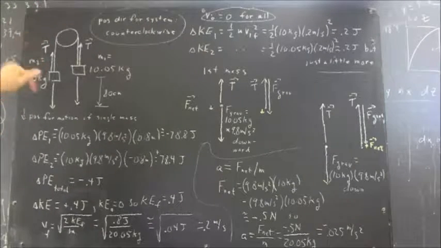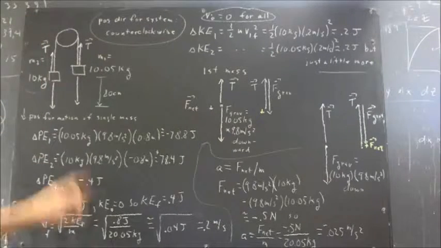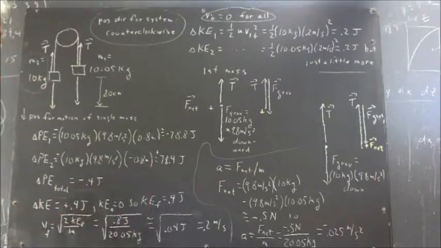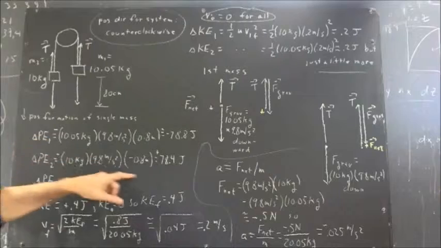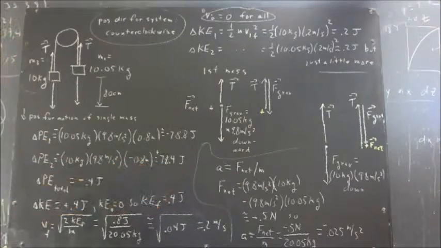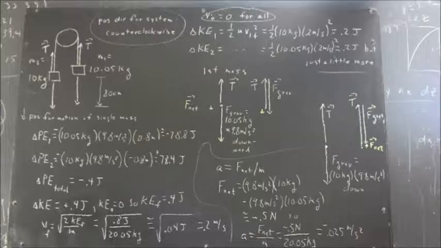And since downward is positive, that ascent is in the negative direction. So we multiply that force by the negative displacement to get the work done by gravity. Then we take the negative of that to get the change in potential energy, and we find that it's plus 78.4 joules, giving a total potential energy change of negative 0.4 joules.